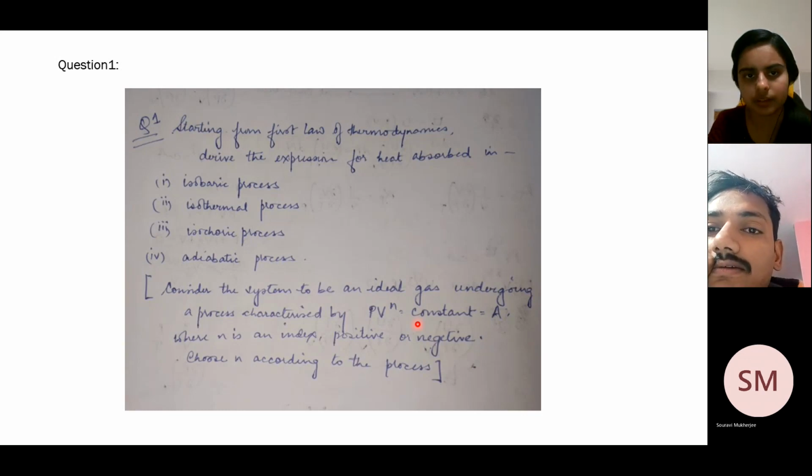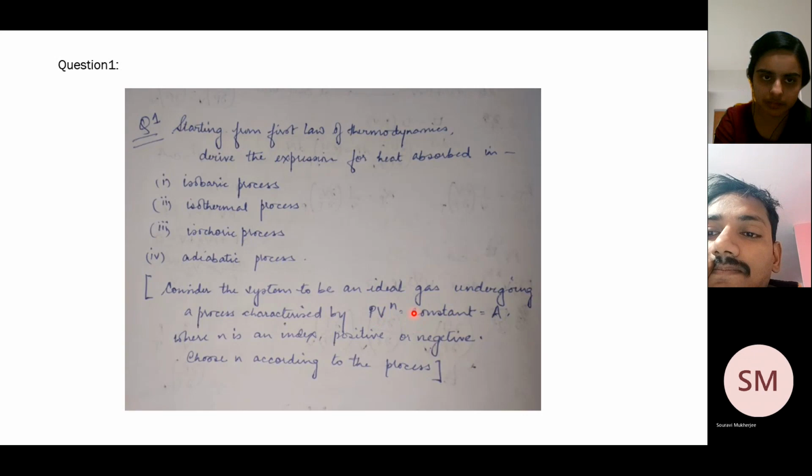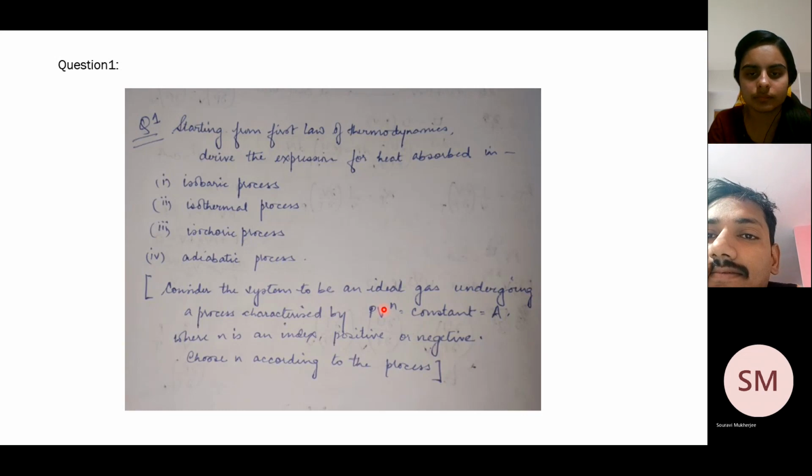Yes, isobaric process means pressure is constant. So in this expression, PV to the power n equal to constant, what is the value of n for an isobaric process? It's pretty simple, right? See, we want P equal to constant. So what should be the value of n here so that this term goes away?